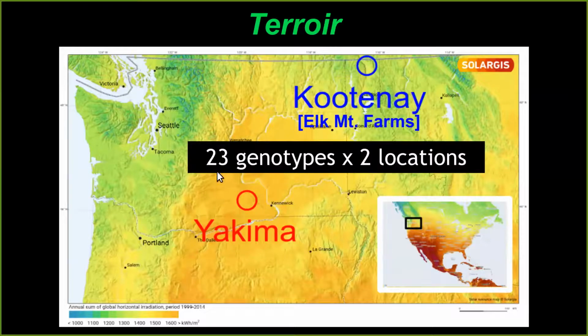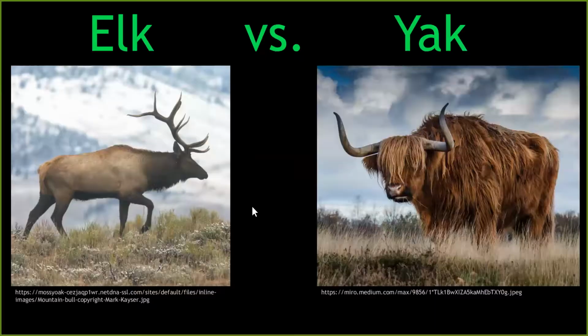So we have 23 genotypes growing in 2 distinct locations that have distinct terroirs. Now the Kootenai hops were grown on a farm called Elk Mountain Farms. So just for fun, sometimes we like to refer to this project as the Elk versus Yak project.